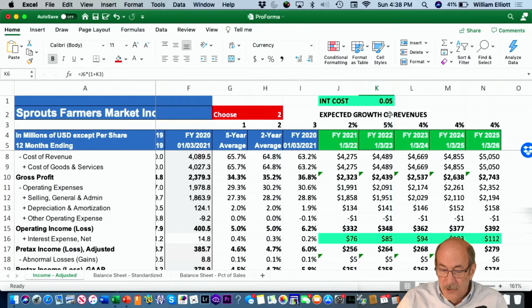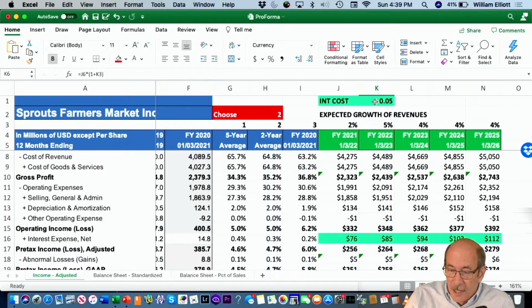I also built in the ability to change my interest costs because I felt that since we're going to be changing long-term debt as a plug figure to make our balance sheet balance, I wanted to allow interest costs to vary not as a percent of sales, but directly related to my total long-term debt.